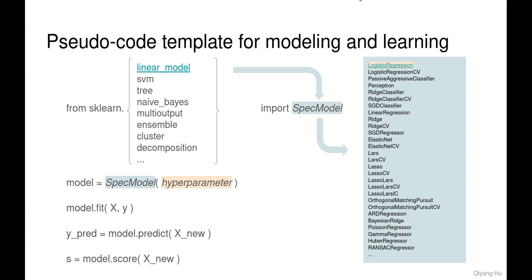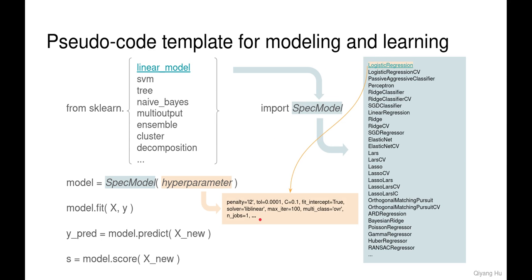After identifying the model's name in Scikit-Learn for your problem, you can define your model as the specific model's name, with a list of hyperparameters. Here, I give you an example of the logistic regression hyperparameter list.